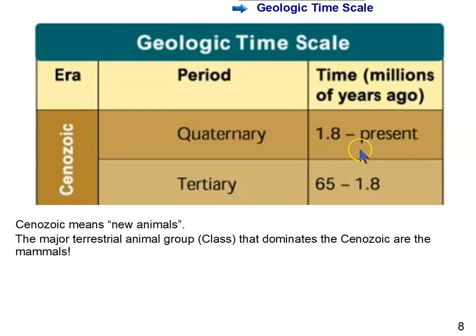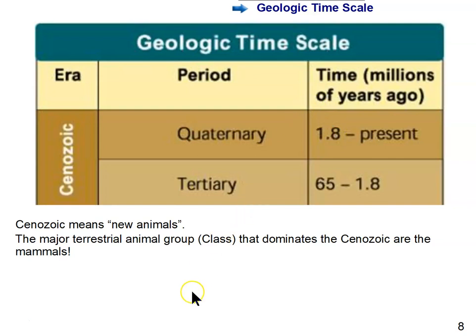Now, there has been proposed an addition to the geologic time scale that involves evidence of human activity on the planet, and it's becoming widely accepted now as the next geologic time period, and that would be the Anthropocene.